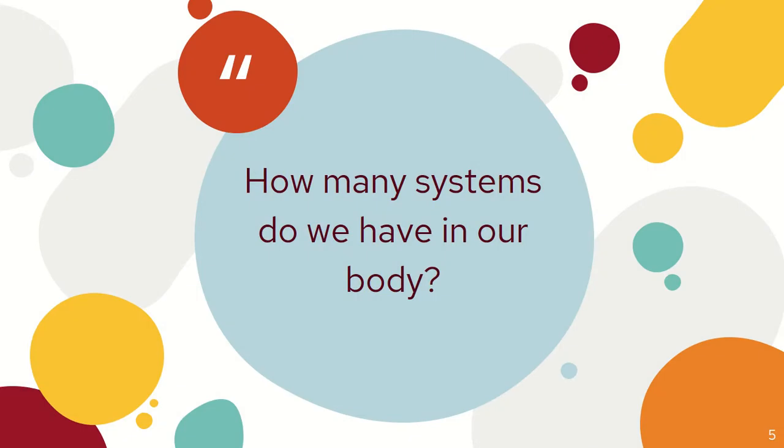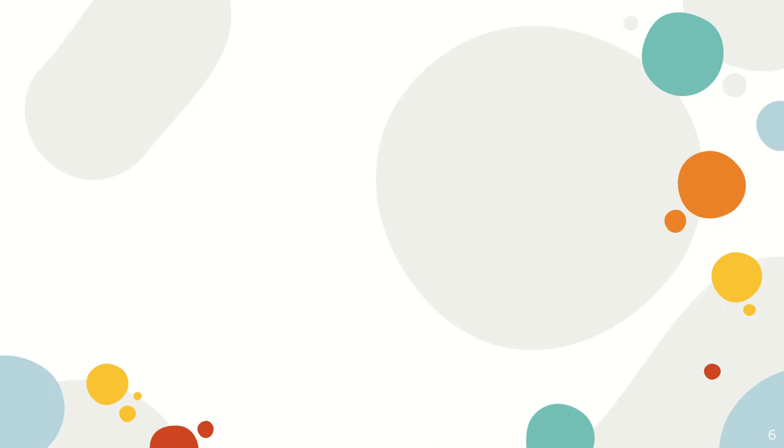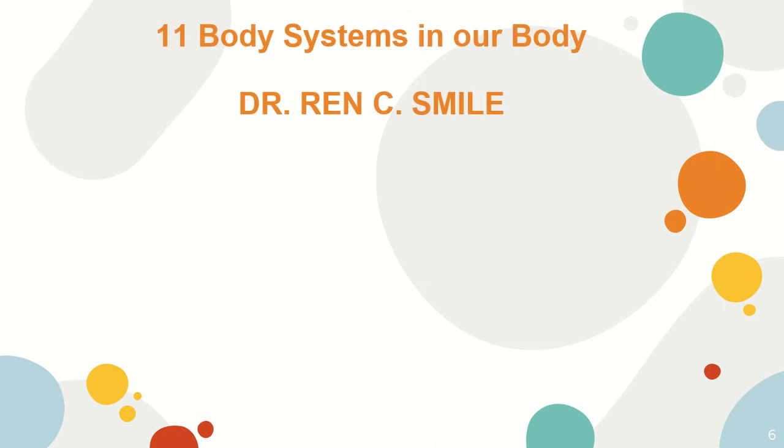How many systems do we have in our body? We have 11 body systems.